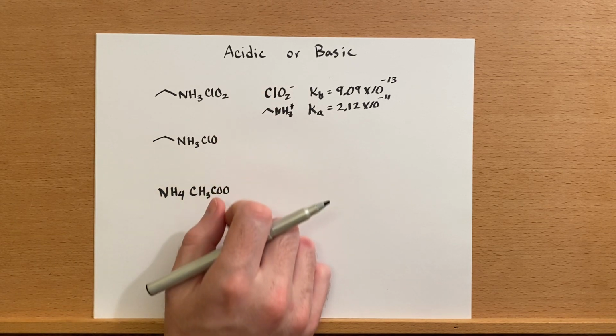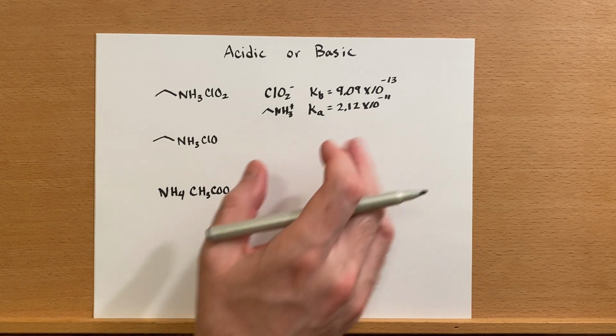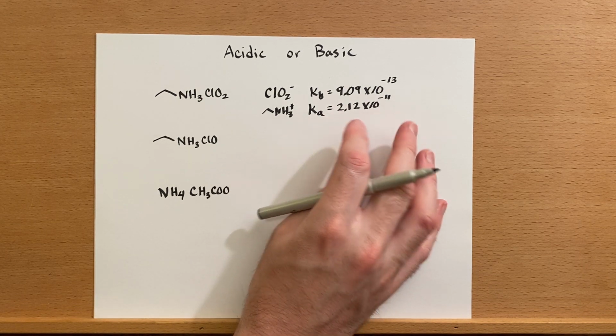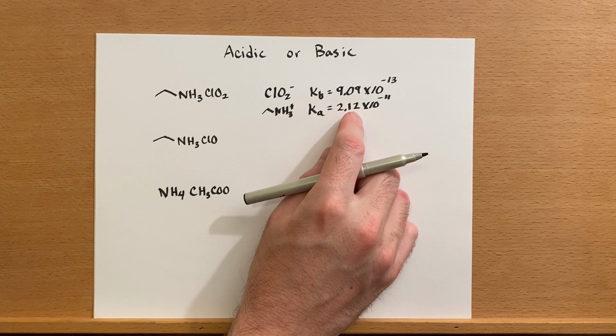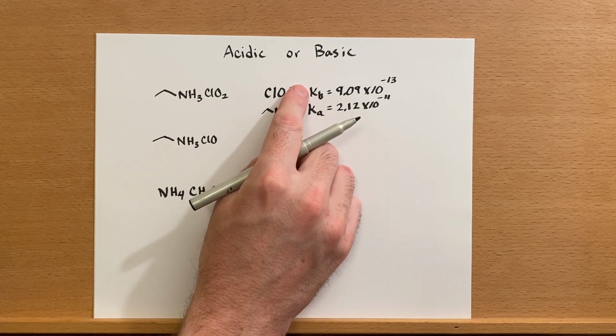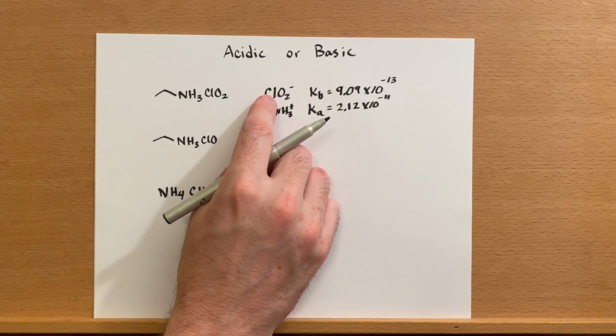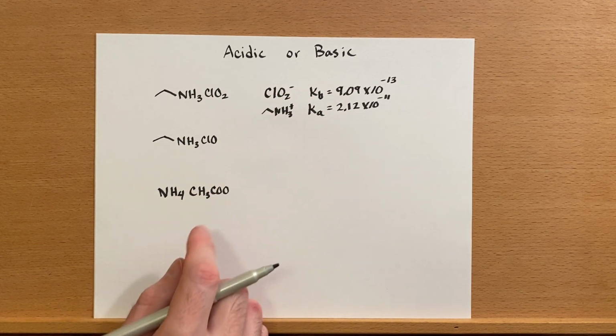So this first salt will be acidic since the acid is a little bit stronger. It has a bigger K. And again, we need to compare the Ka to the Kb, so make sure that you have the Kb for the base and the Ka for the acid.